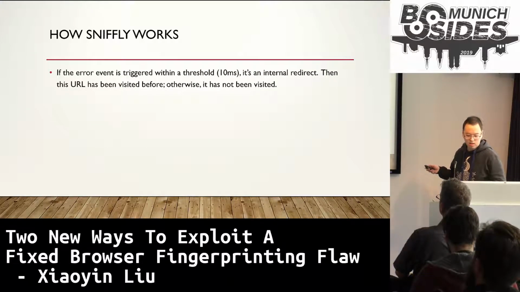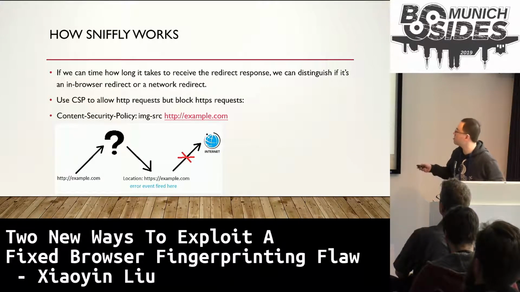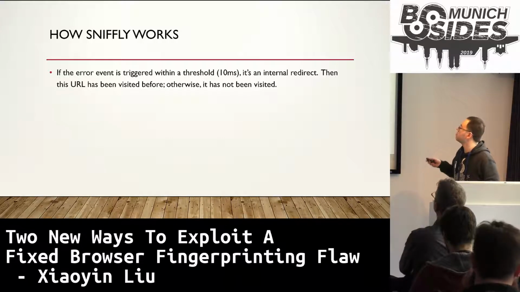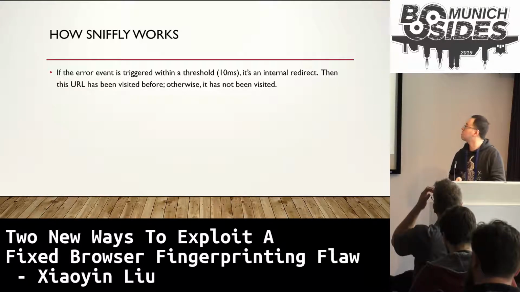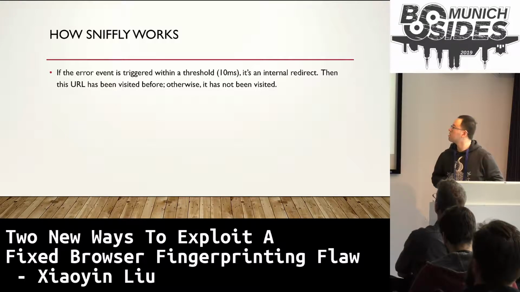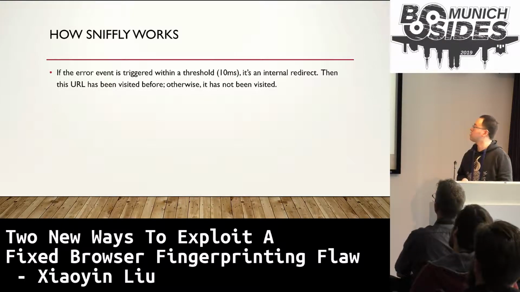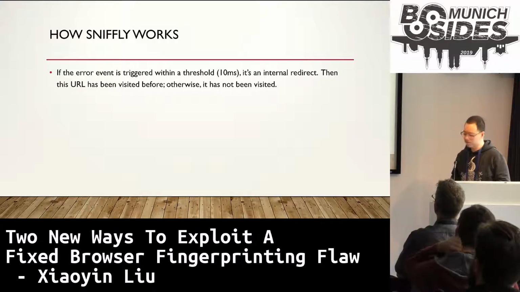In our testing, an error event is triggered here because of the CSP policy. If the error event is fired within 10 milliseconds, then we know it's an internal redirect. Otherwise, it's a network redirect, which means that URL has never been visited.